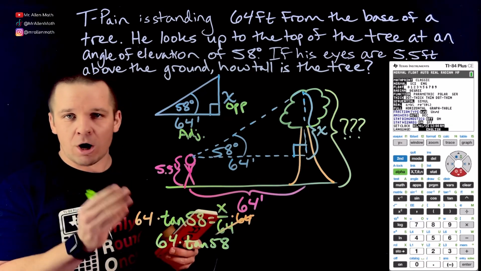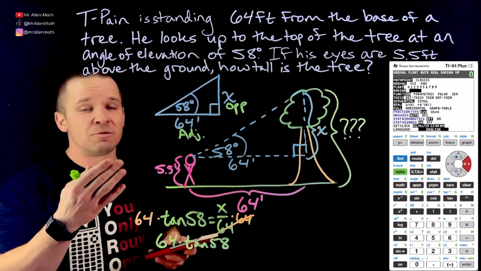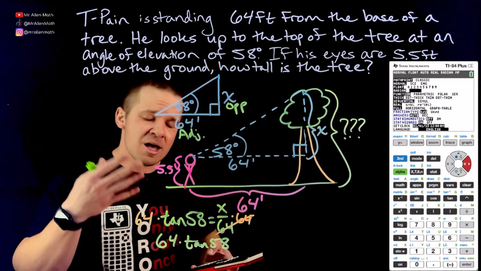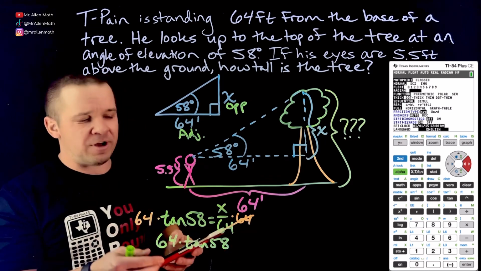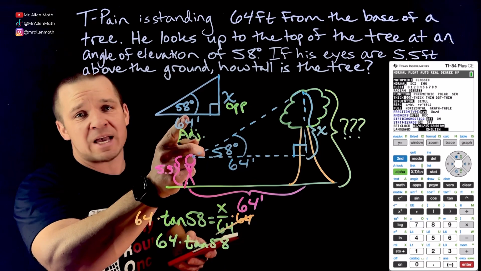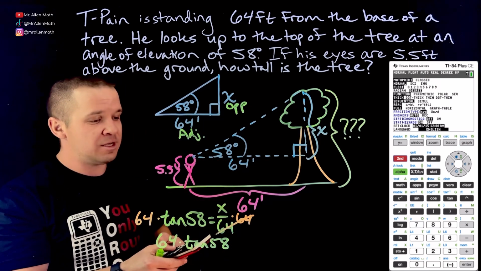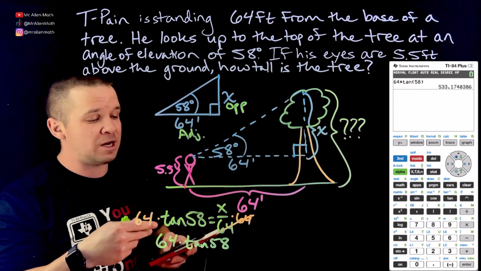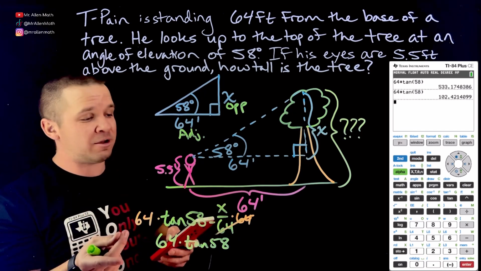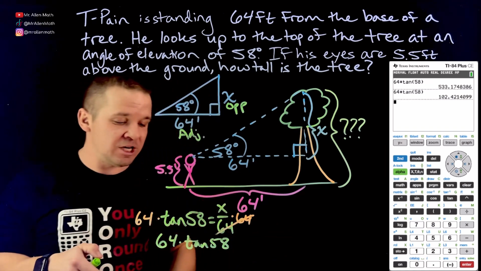Anytime you take out the batteries, it defaults to radian mode, which is used in calculus and other aspects as well. We're in degrees right now because I gave you this angle in degrees. So I switched over to degree and hit enter. Second quit will get me back to the home screen. And if I hit enter again, it will recalculate the 64 times the tangent of 58, which gives me 102.